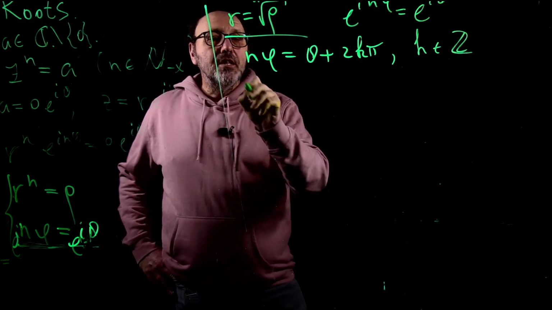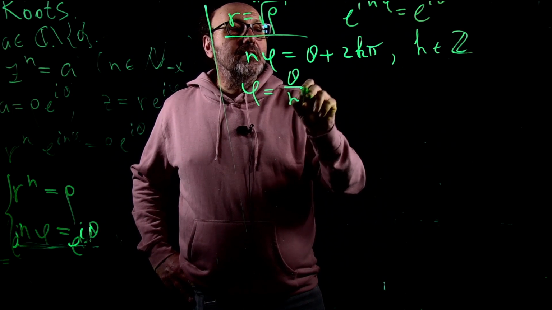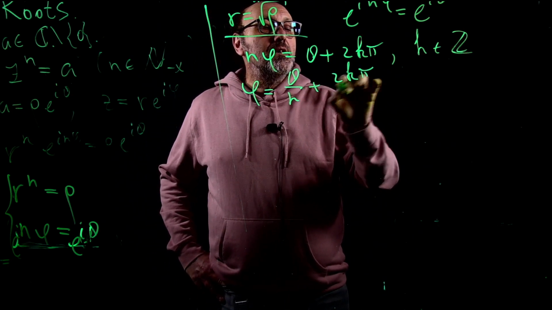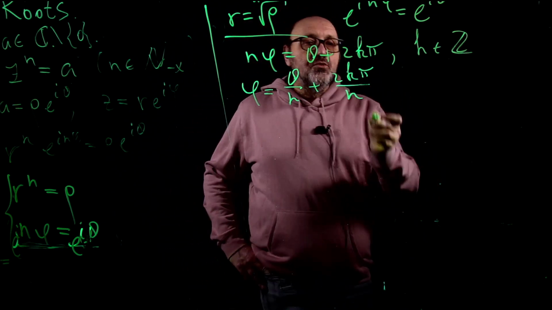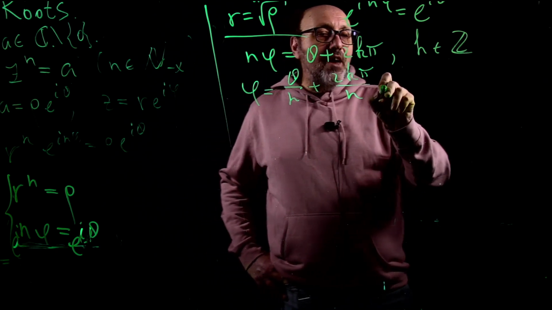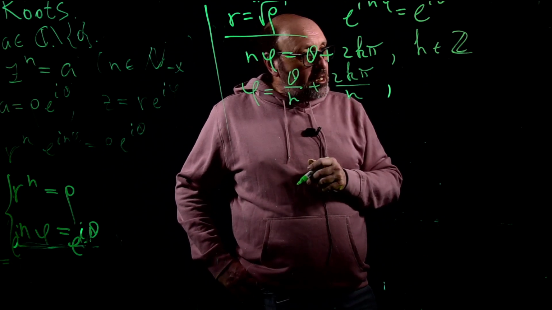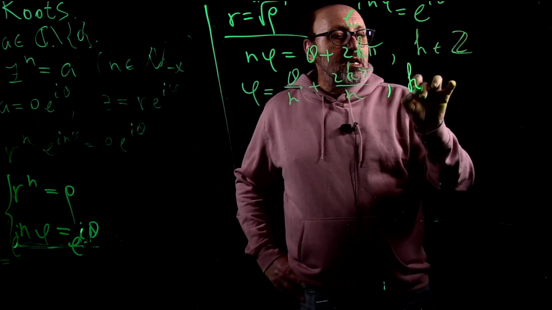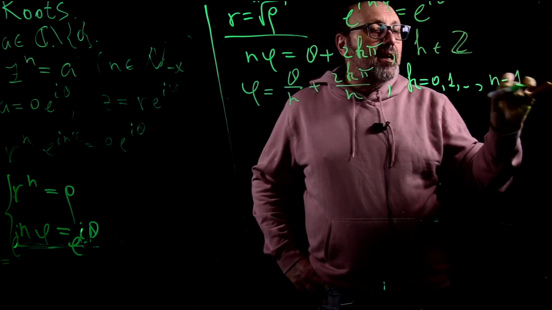And this means that phi is equal to theta over n plus 2 k pi over n. Logically, I have to take here all integer k, but in fact, these are the arguments of our roots. If we consider them geometrically, there are just exactly n different angles.